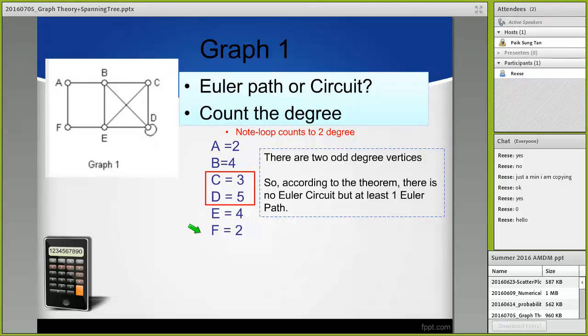And where should I start my Euler path? Are you working or calculating? Where should I start my Euler path? Or if you have questions, let me know.